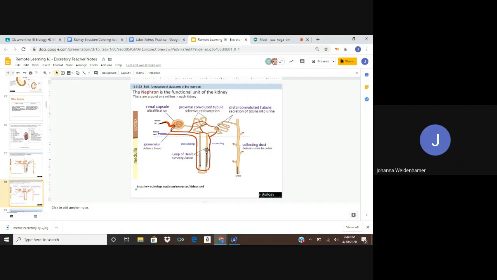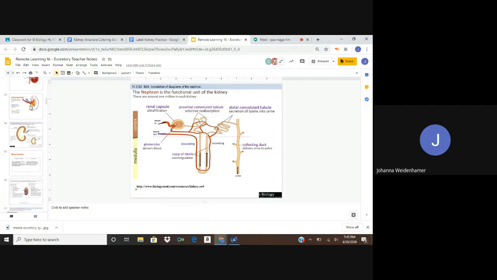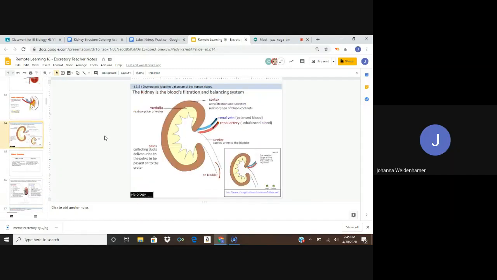When you look at this image, you can think of it as a magnification, as if you were diving into the kidney. This part of the nephron is in the medulla, and then it also kind of leaks out into the cortex. So let's say you were taking a look at a picture of a kidney.